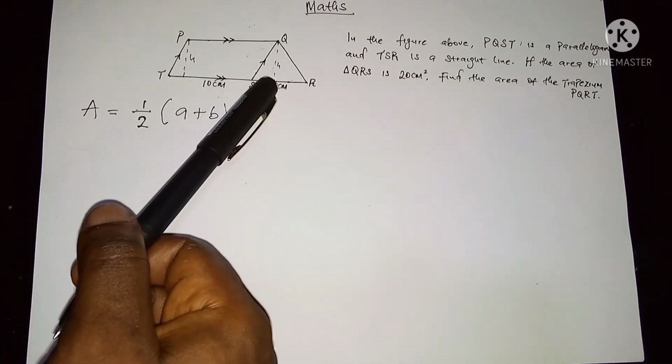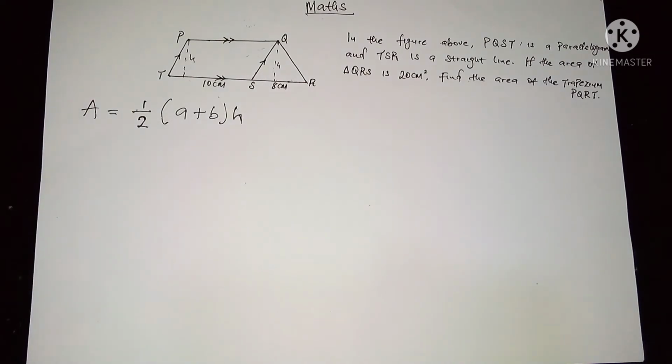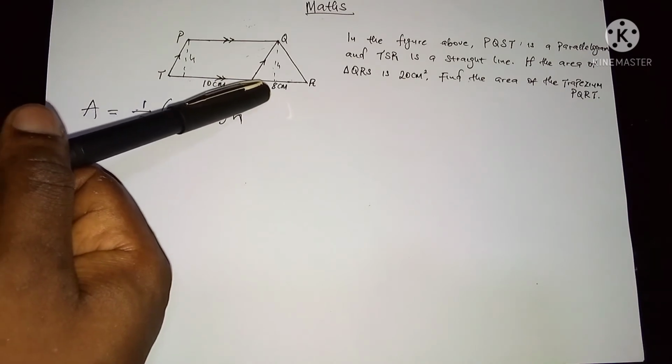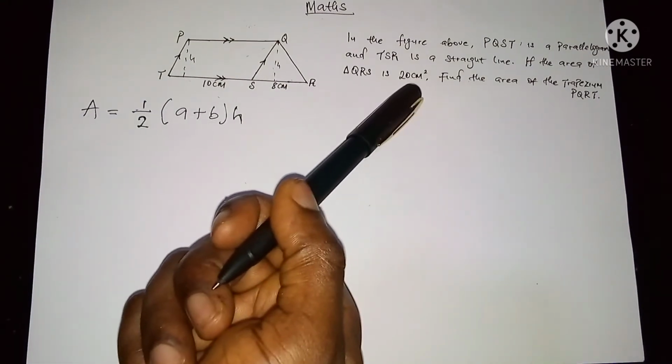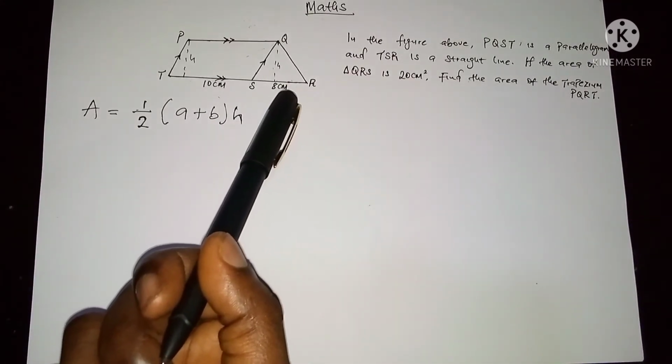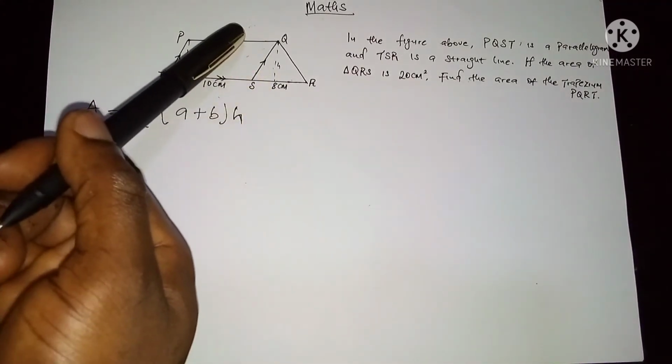We know that the area of a triangle is half base times height. So we can use the area of the triangle which we were given and the base, 8 centimeters, to get the height of this trapezium.